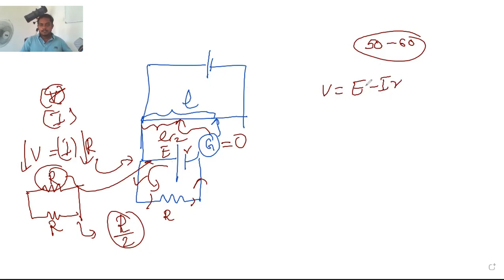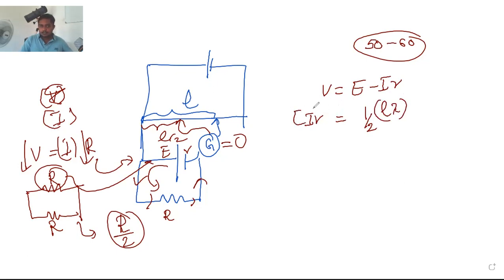So minus IR becomes half of it. So we are getting V also half of IR. Then we are getting IR as half of the previous value. It has become half of the potentiometer value.